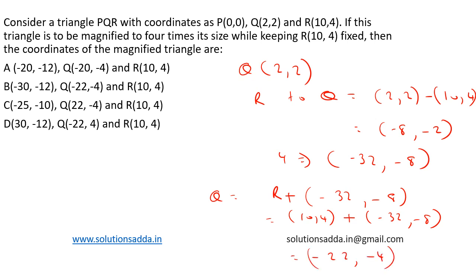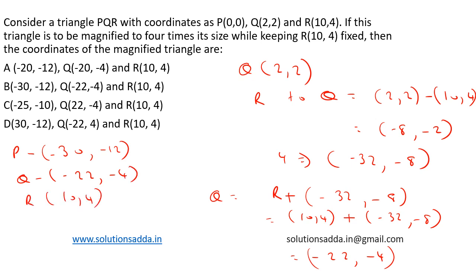This is the second coordinate. So we have the coordinate of P as (-30,-12) and Q as (-22,-4). Since R is fixed, we get (10,4).